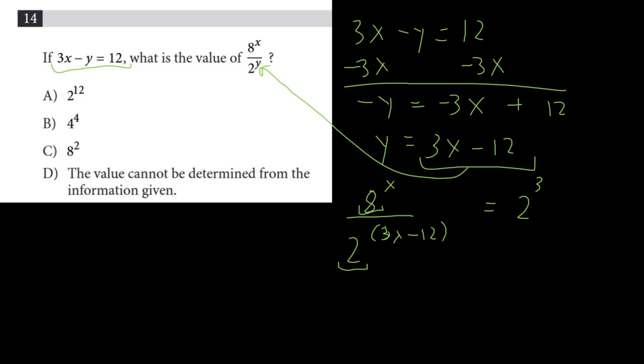So we can rewrite it to 2 to the third power. So this is what it looks like now: 2 to 3x over 2 to 3x minus 12. And when they're the same, what we do with the exponents is that we subtract them. And when we subtract them, this is what it looks like.